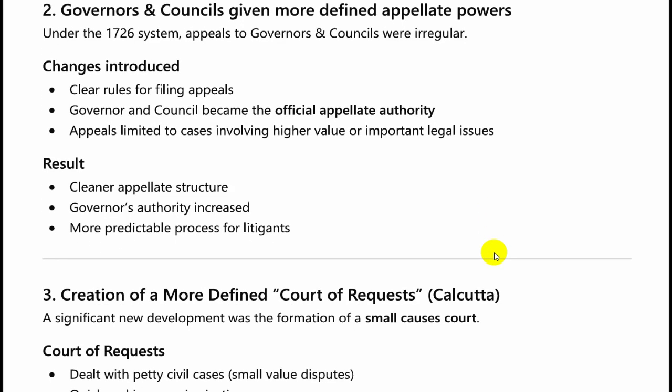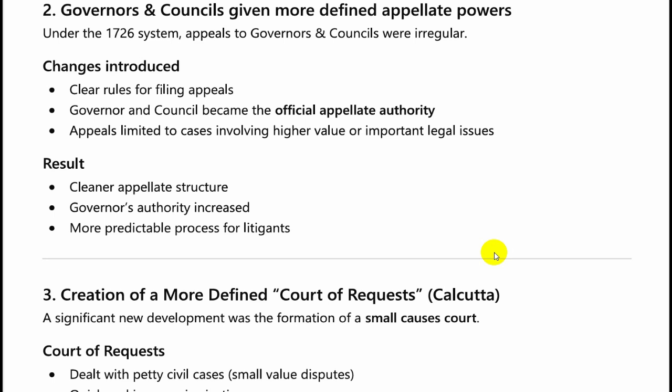The governor and council were given more defined appellate powers. Now, in the earlier system, appeals to the governor and council were irregular. That is, some appeals would go, some appeals wouldn't go. The changes introduced in the 1753 Charter defined very clear rules for how the appeals would be filed.